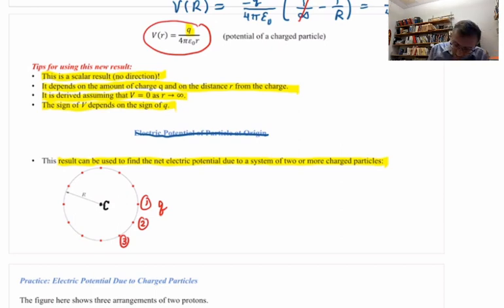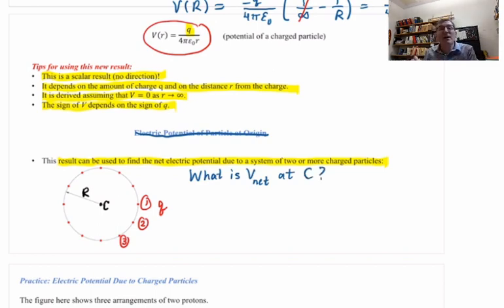And the distance from the center to the circle is big R. Here's the question. What's the net electric potential at point C? What is the net electric potential due to all of those charges at that center point, C?